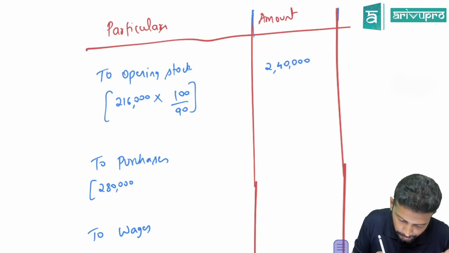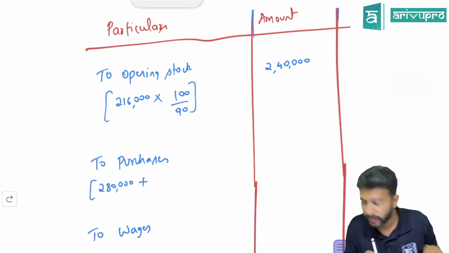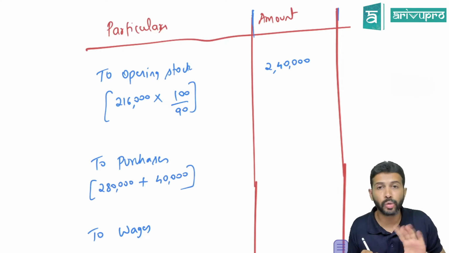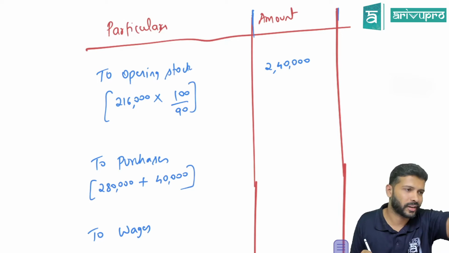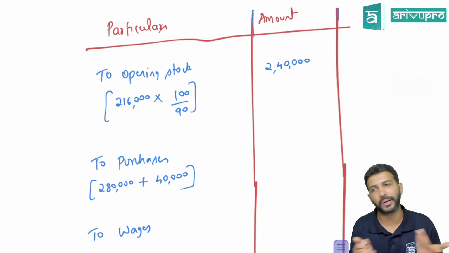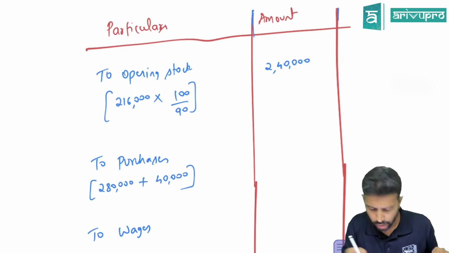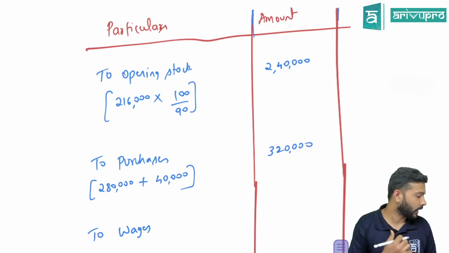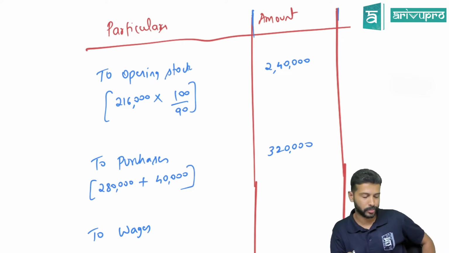That means is the purchase value really 2,80,000 or do I have to include one more? I have to include one more, which is 40,000. Because the 2,80,000 goods are destroyed, even the 40,000 is destroyed. So it should be considered as purchase, because otherwise the other person will not accept it. Fair enough, everyone? So the purchase value we should take for our calculation is 3,20,000. Did everyone understand why I added that particular adjustment of 40,000?